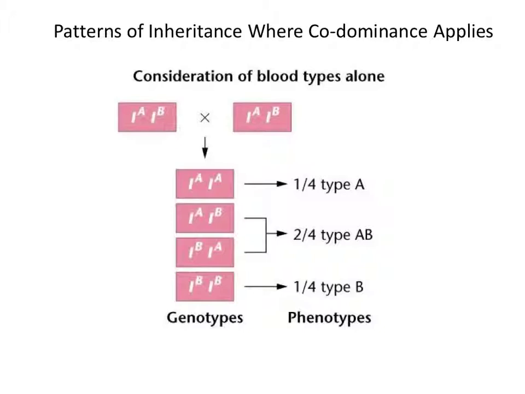Now let's look at an example where you want to predict what could happen in offspring of individuals affected with more than one condition, controlled by more than one mode of inheritance. The mode of inheritance here is codominance.